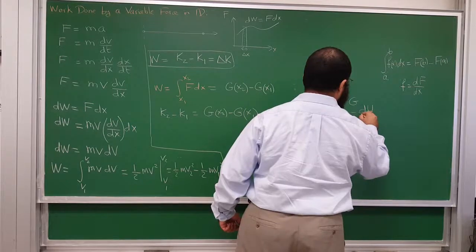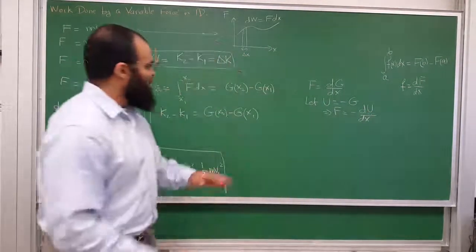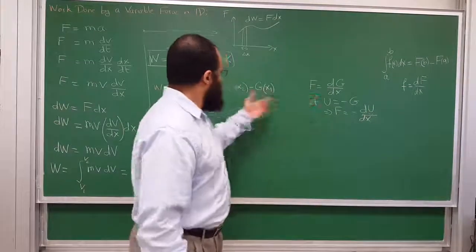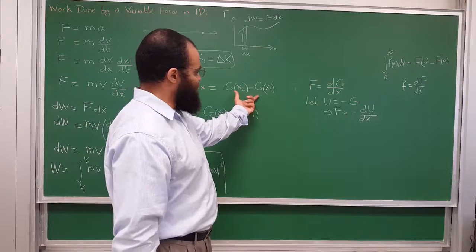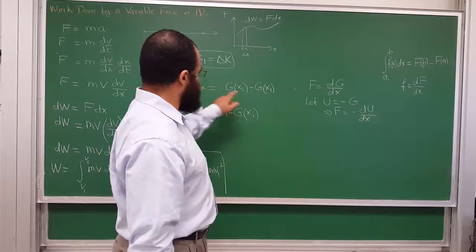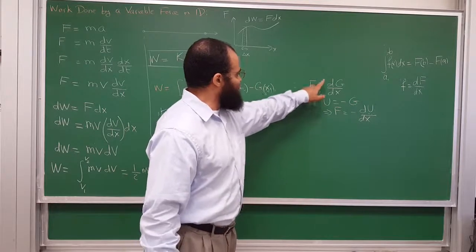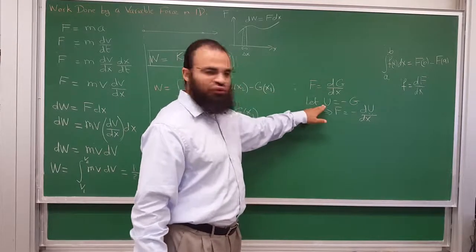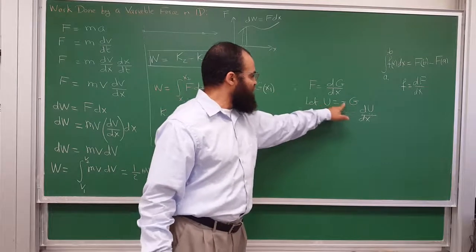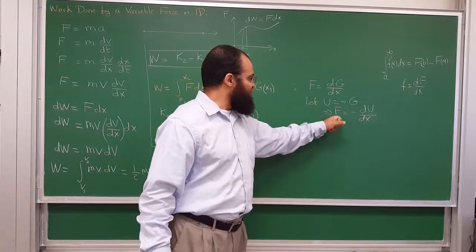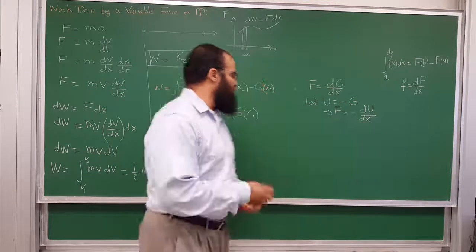I made so many mistakes today. So this is the fundamental theorem of calculus, part 2, assuming we can integrate this. F is the derivative of G, but we define a new function U equal to the negative of G such that F will be minus dU/dx.